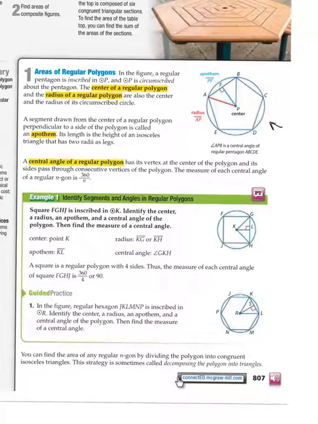The center of the regular pentagon and the radius of the regular polygon are also the center and the radius of the circumscribed circle. So point P is not only the center of the circle, but it's also the center of my regular polygon.